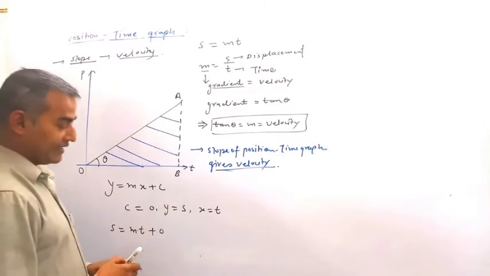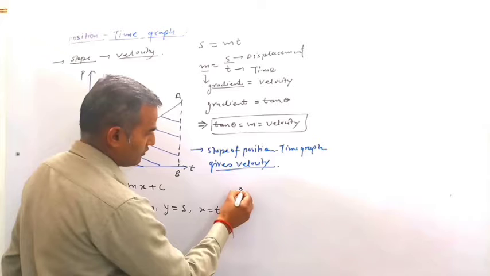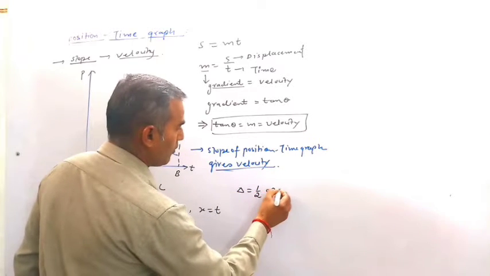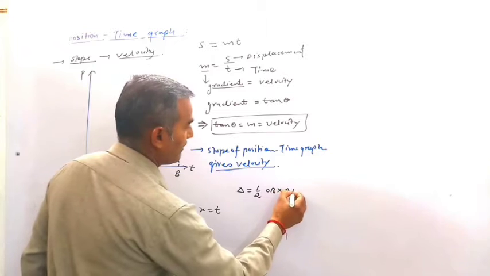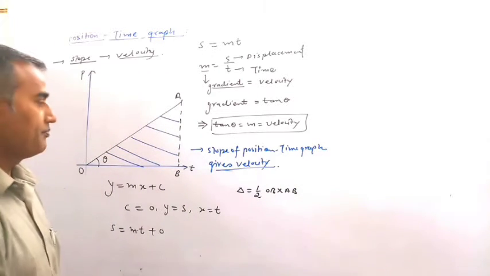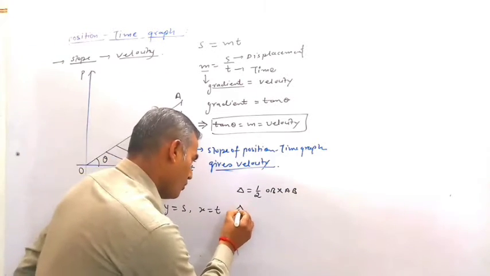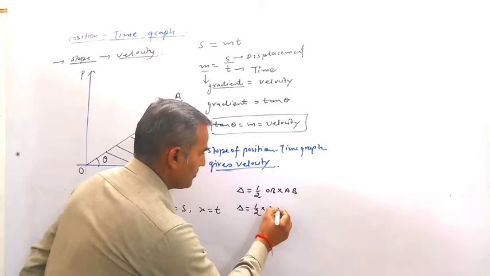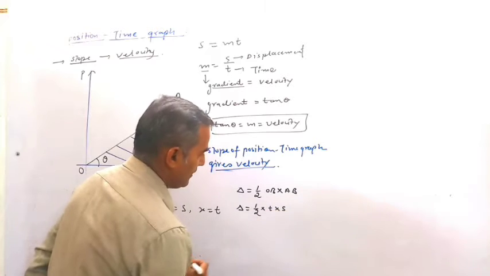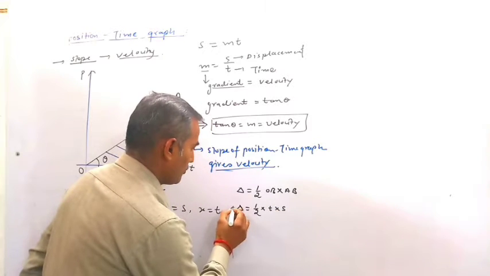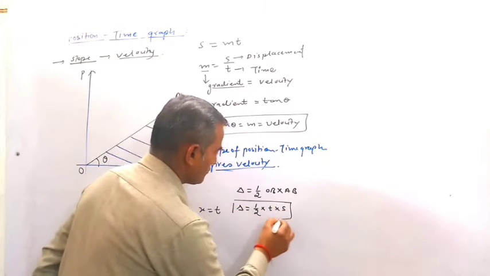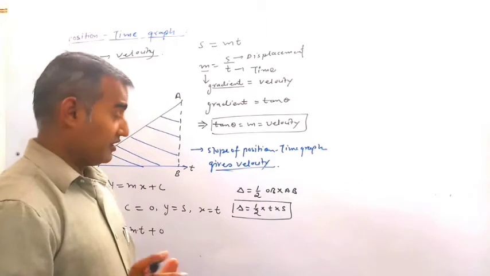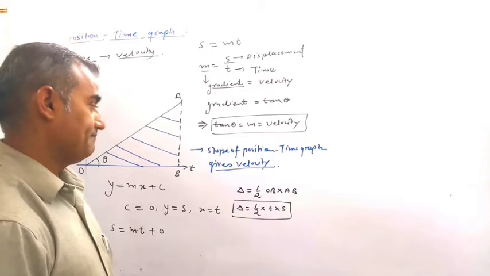Area of right angle triangle is 1/2 base into height, OB into AB. OB is T and AB is S. So you get area is equal to displacement into time.